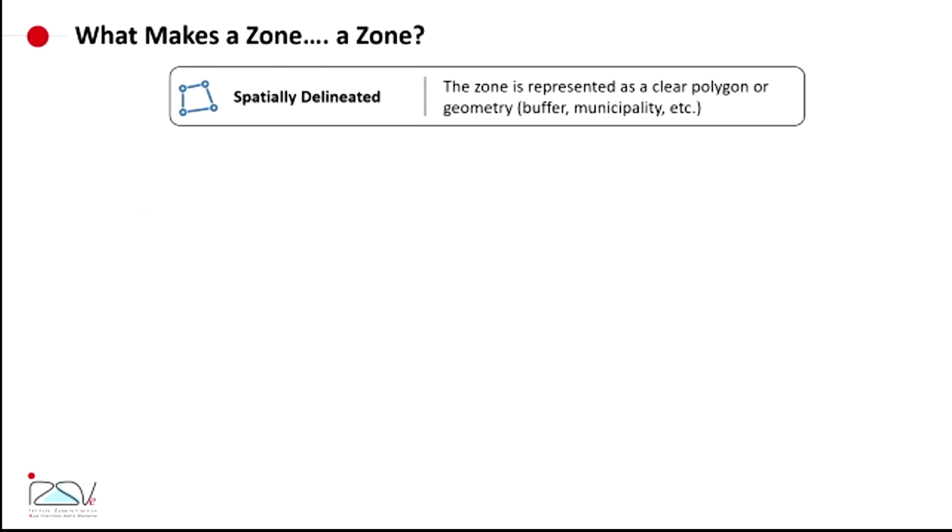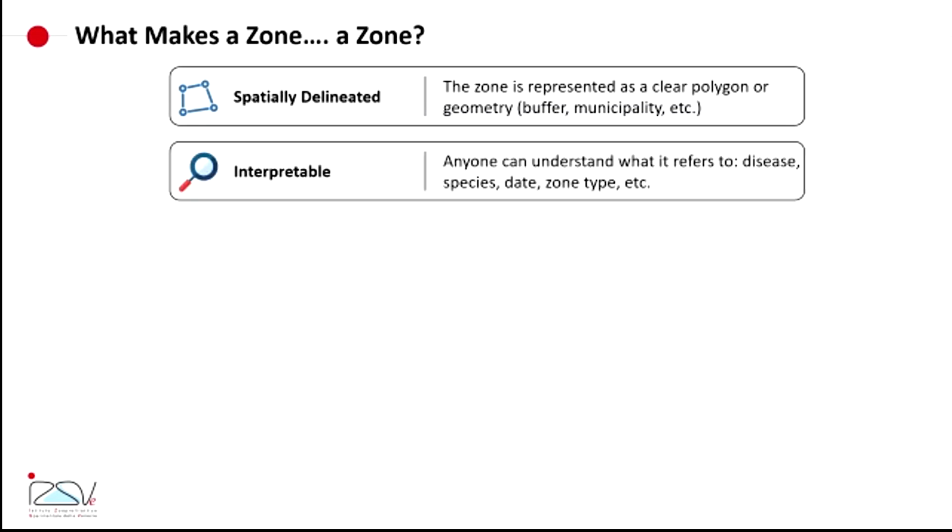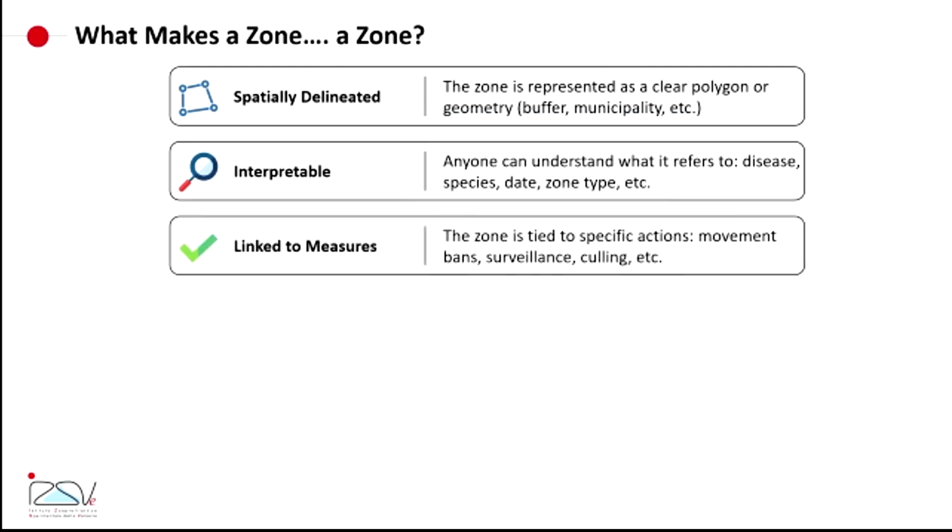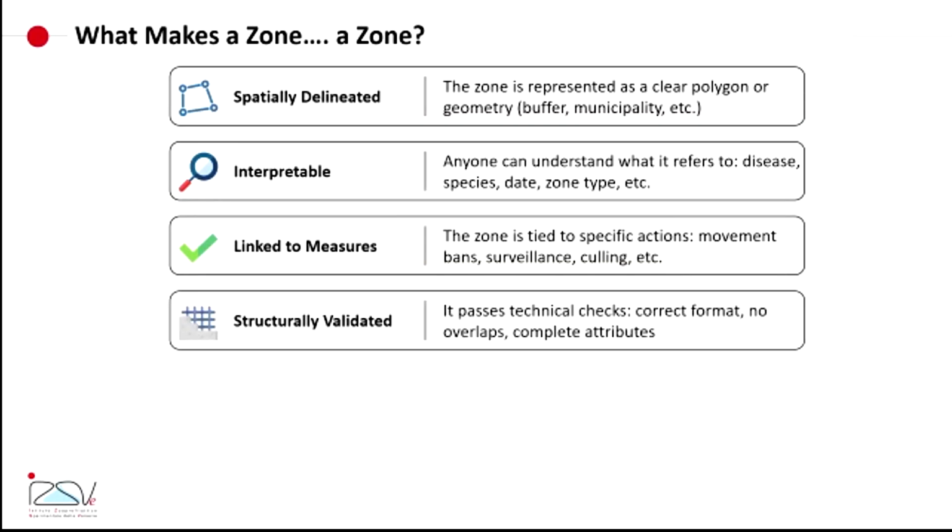Okay, but what makes a zone a zone? We said a zone is spatially delineated. We have a polygon, you have an administrative boundary. It is interpretable. You know what the zone means, why you have made these zones, and you can interpret the scope of the zone. The link to measures: you don't have any zones without measures. Otherwise, what is the reason for having a zone?